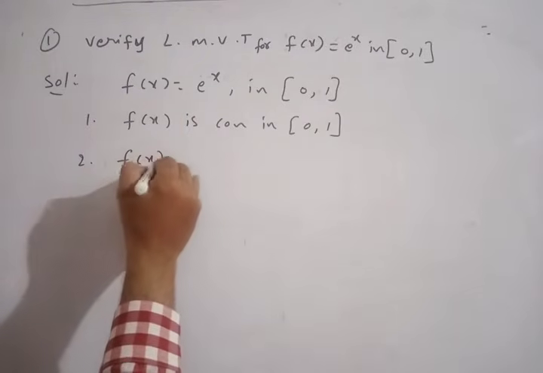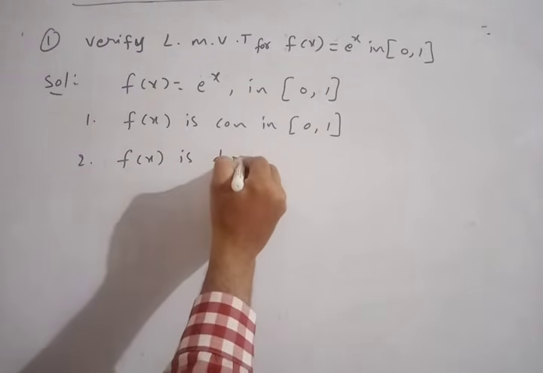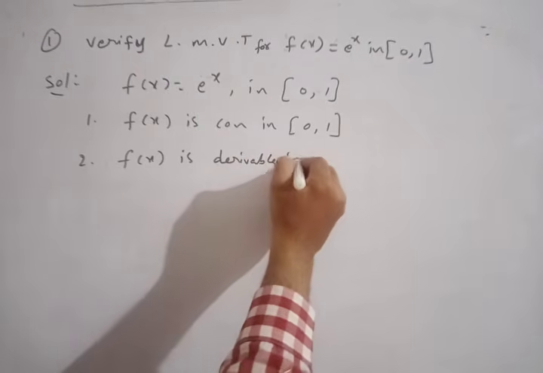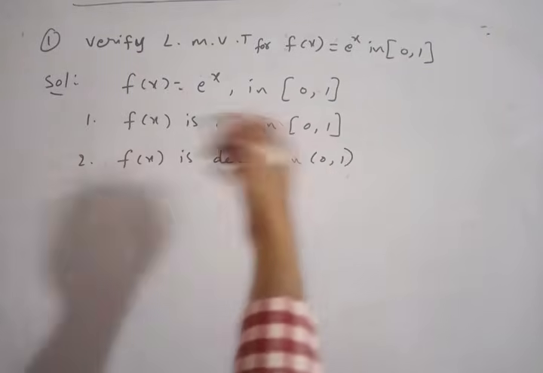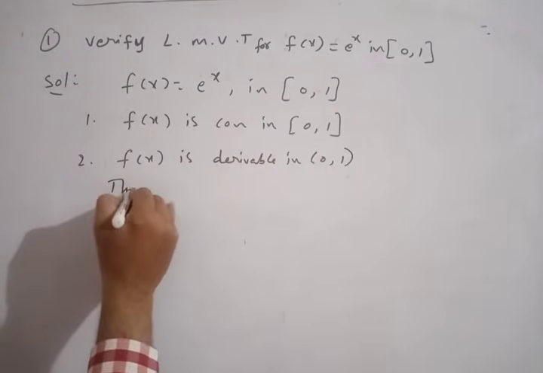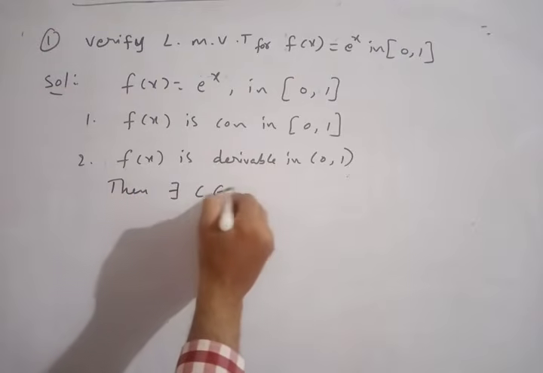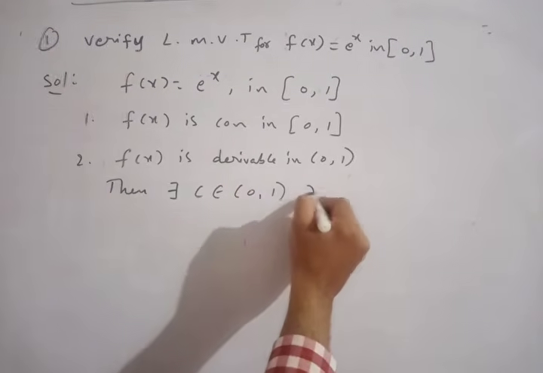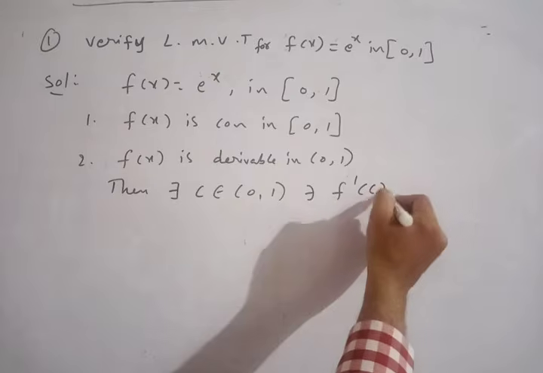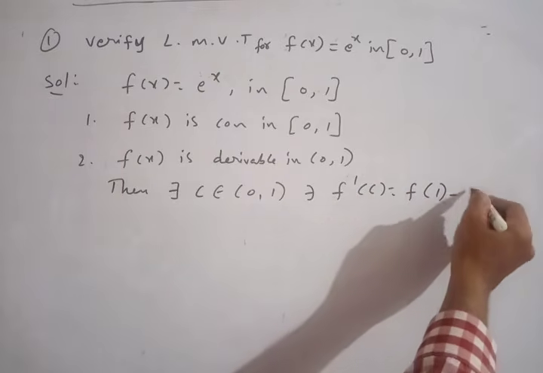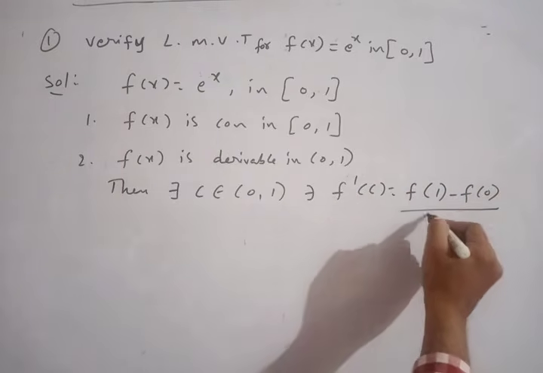And second one, f of x is derivable in open 0, 1. So then there exists c belongs to 0, 1 such that f dash of c is equal to f of b minus f of a by b minus a.